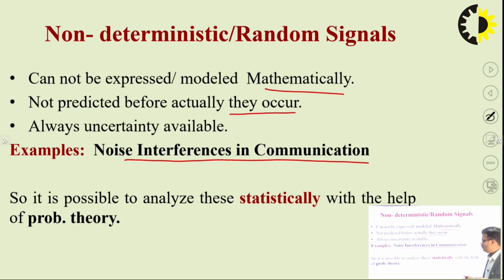So how? It is possible to analyze these signals statistically with the use of probability theory. In this case, where uncertainty is available, you can statistically analyze random signals using probability theory.